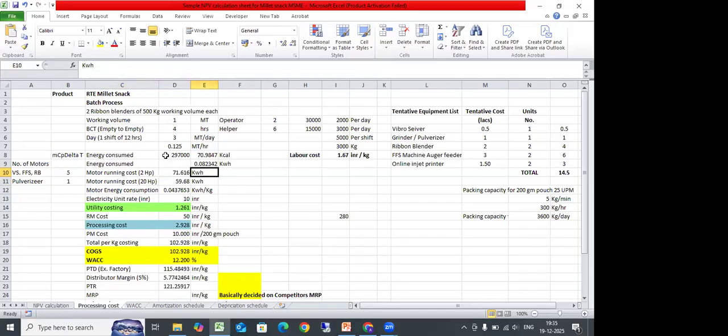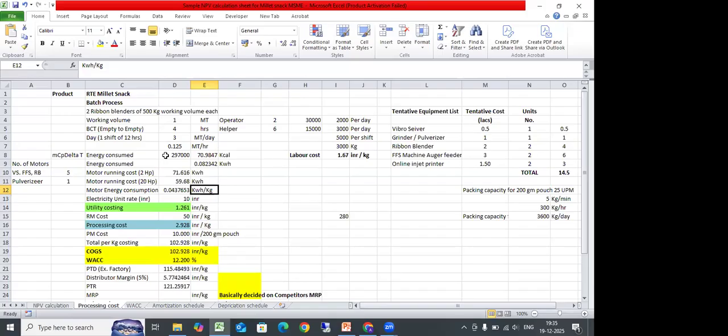So their kilowatt hour conversion is this much. This is the total kilowatt hour consumed for the whole day, in which 3,000 kg has been manufactured. So I sum both, 71 plus 59, and divide by 3,000. That gives me kilowatt hour per kg of electrical energy consumed.